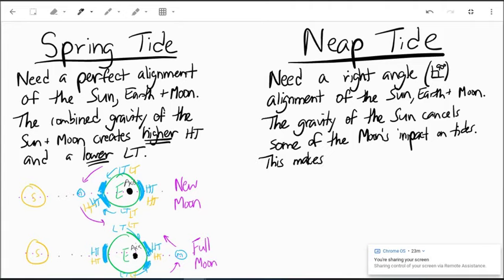This makes a lower high tide and a higher low tide.